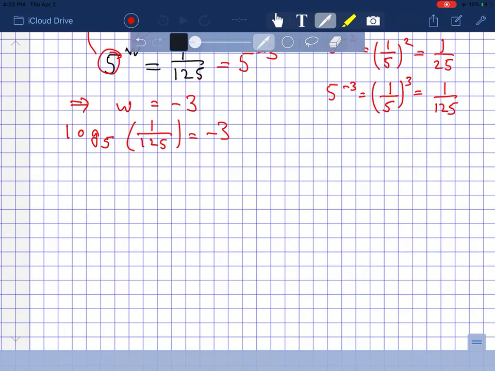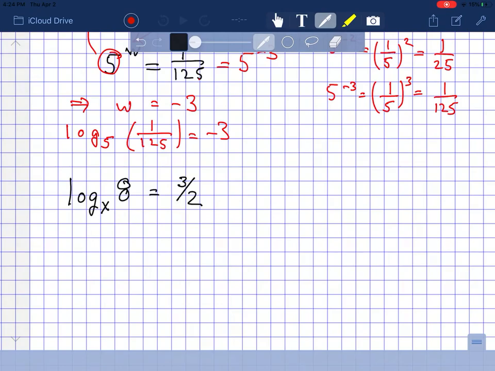Let's do another one. Let's try one like this. The log base x of 8 is equal to 3/2. Wonder what that is. So what we're going to do is the same thing.